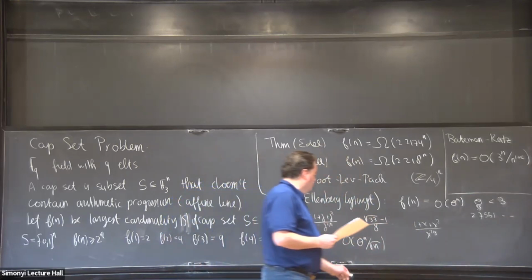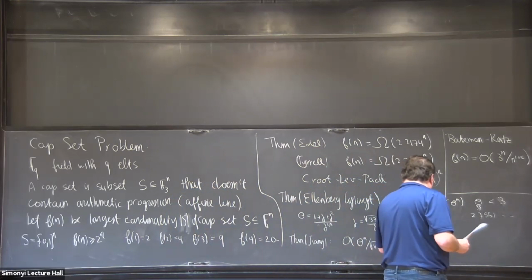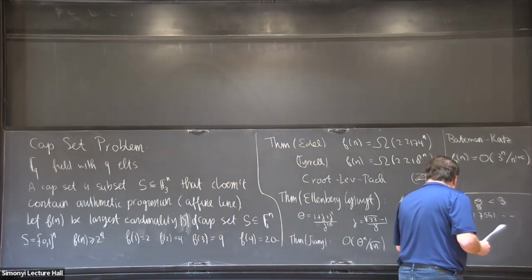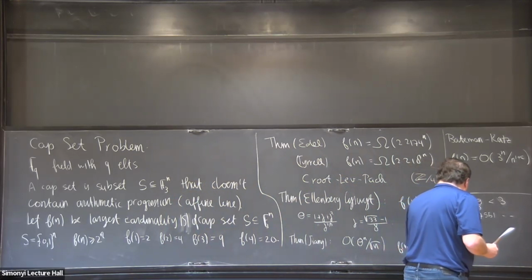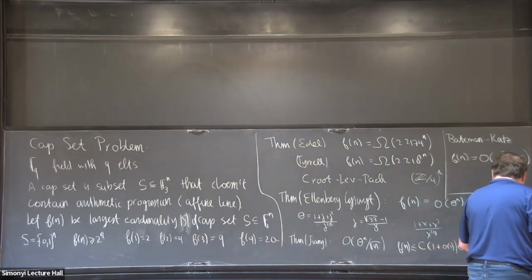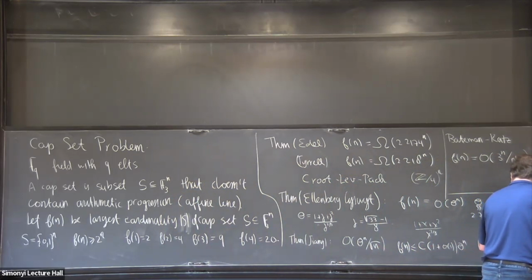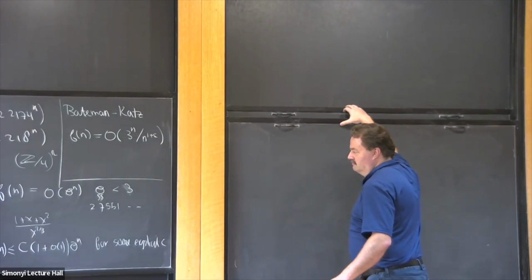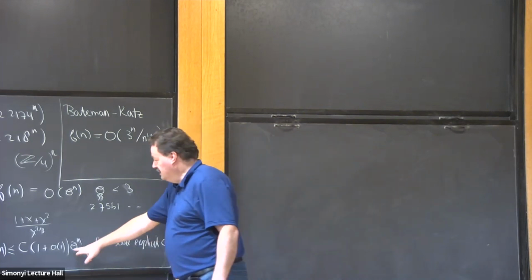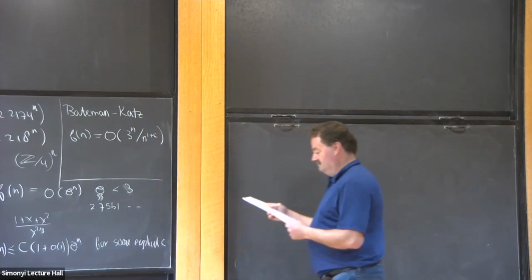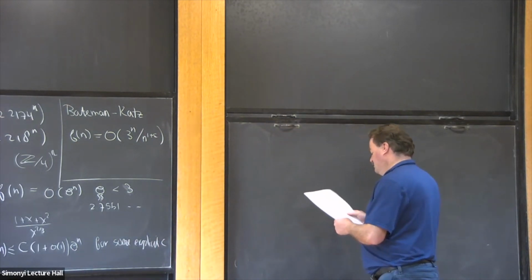In fact, he proved something stronger, namely something like Fn is less than or equal to a constant times (1 plus small o(1)) times theta to the power n for some explicit constant c. So it's a little bit more explicit result. But this exponent, I don't know if we can improve this theta here.